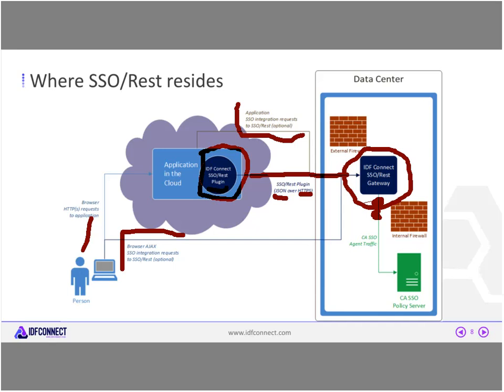Some endpoints, really just one endpoint, is made explicitly for use by the plugins, and all the other endpoints are for direct application integrations of any sort, whether they're client-side or server-side. So these three arrows, the browser AJAX, the application SSO requests, and then plugin to gateway, those fundamentally are the three flows that might be in use.